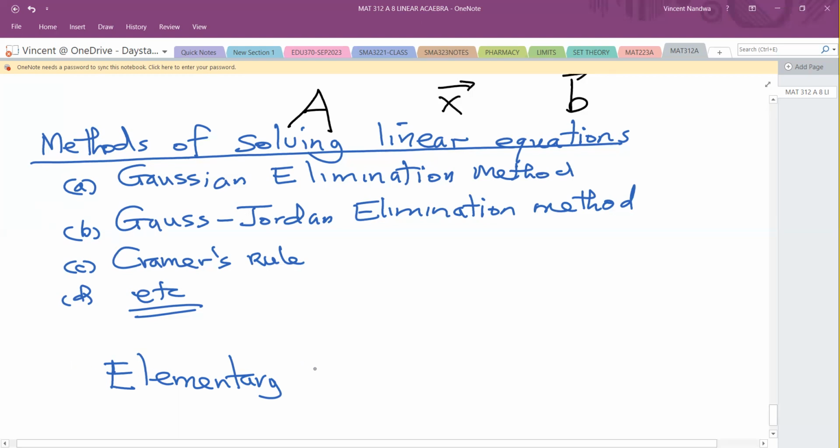So there's what we call elementary row operations.